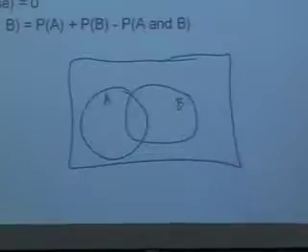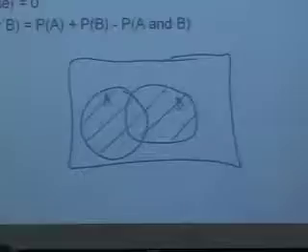There are other worlds where only B is true and not A. Others where only A is true and not B. Somewhere neither is true. And what is the probability of A or B? The probability of A or B is all this stuff.